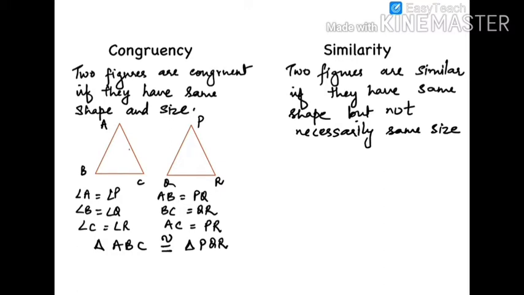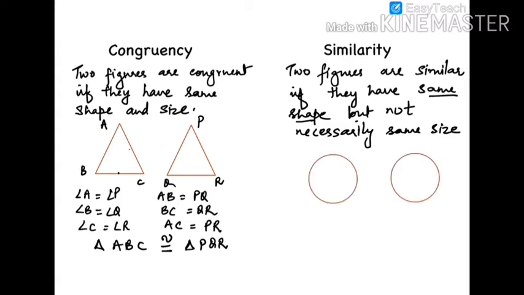So having same shape for two figures is necessary, but having same size is not necessary for two triangles to be similar. That means these two triangles, triangle ABC and triangle PQR, are congruent and we can say that they are similar as well because this condition is satisfied. Let's take another figure.